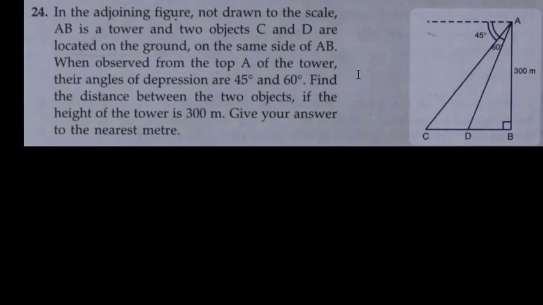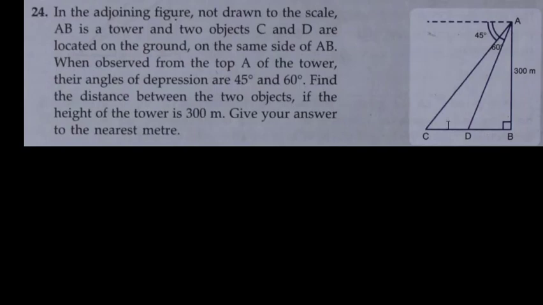When observed from the top A of the tower, their angles of depression are 45 degree and 60 degree. Find the distance between the two objects if the height of the tower is 300 meter. Give your answer to the nearest meter. So again here the value of CD you have to find out.